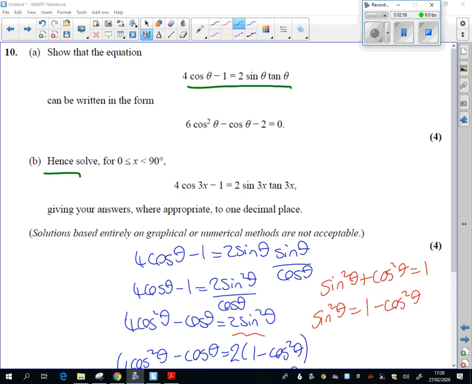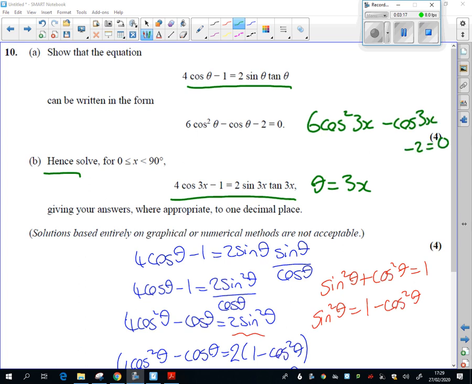So if we compare these results, everything is exactly the same, apart from they've switched theta for 3x, which means I can still use this quadratic, but the angle is going to be 3x rather than theta. Okay, and I can use that even if something's gone a bit wrong with my proof for part A. I can still absolutely use that and answer part B.